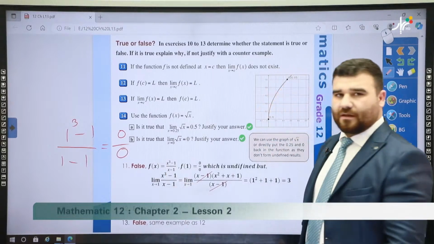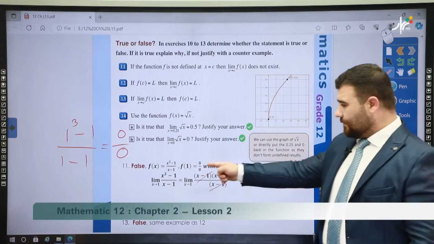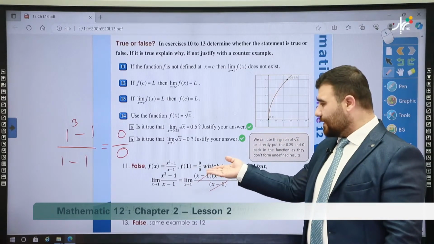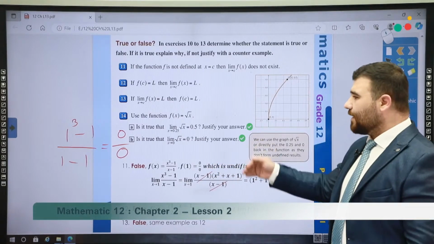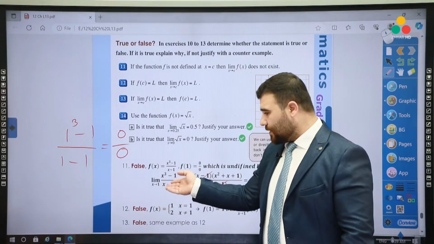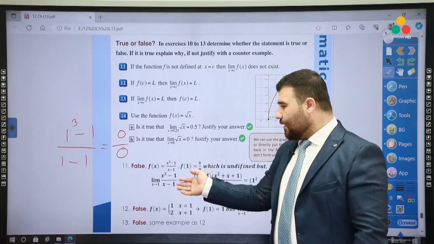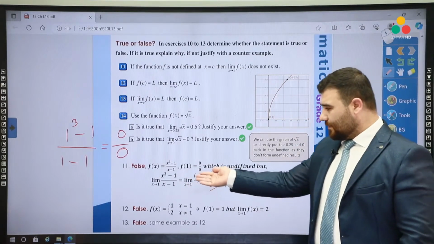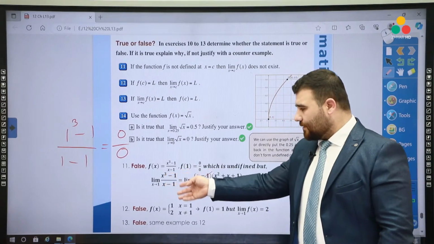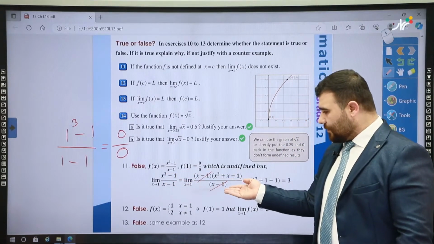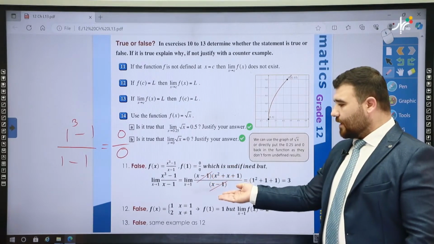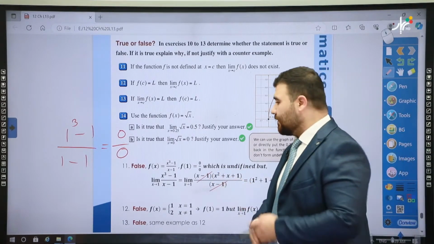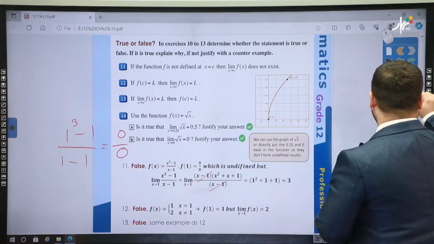That's undefined. Then f of 1 is 0 over 0. It's undefined. But if I want to find the limit as x tends to 1 for the same function, I'm going to factorize this, then this factor can cancel x minus 1. How can we factor something with power 3?